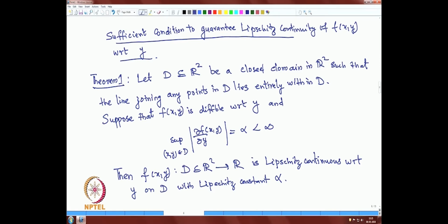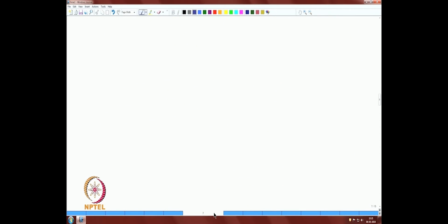Then the function f itself is Lipschitz with respect to y. The proof is very simple. I will just give the proof. The proof is just by using the mean value theorem.